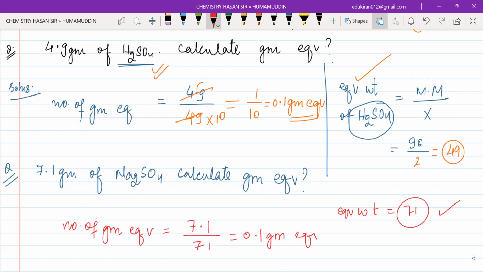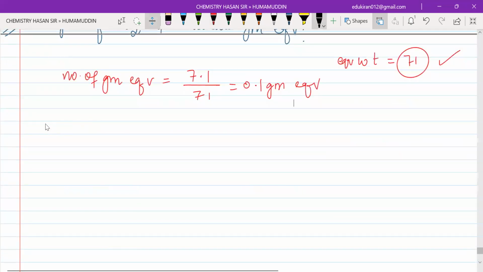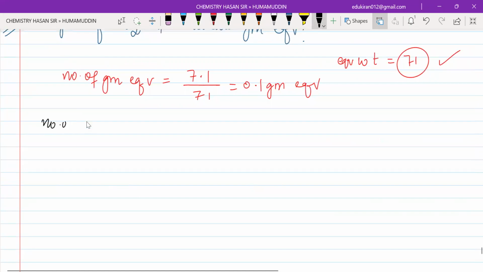Now we know about the number of gram equivalent, and we also know about equivalent weight. Now we will talk about normality.